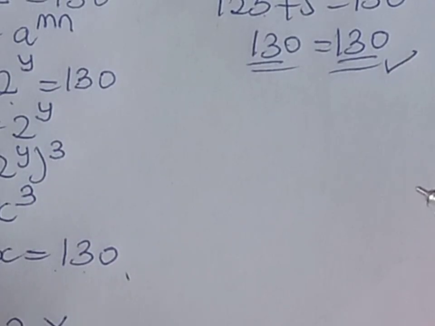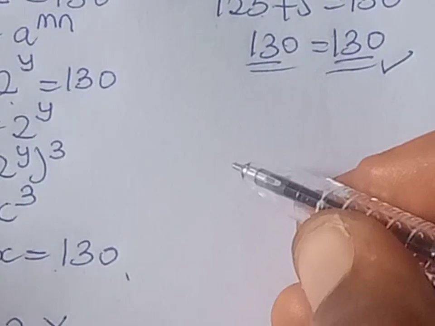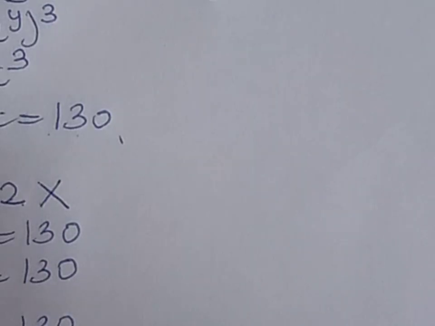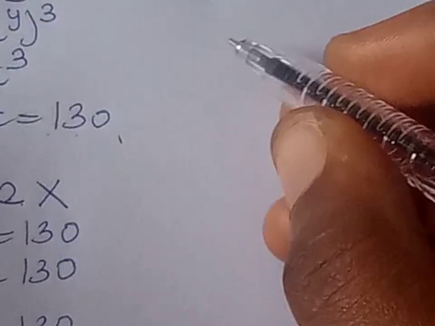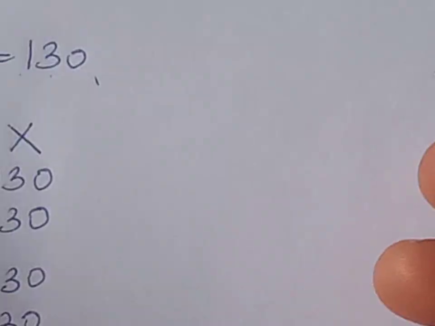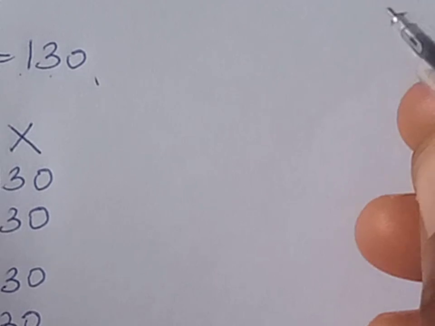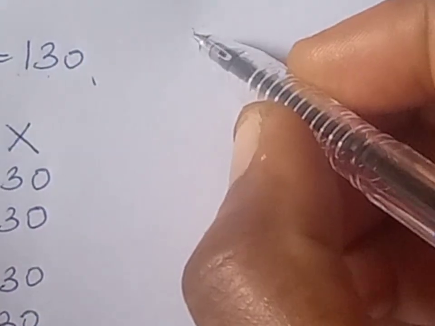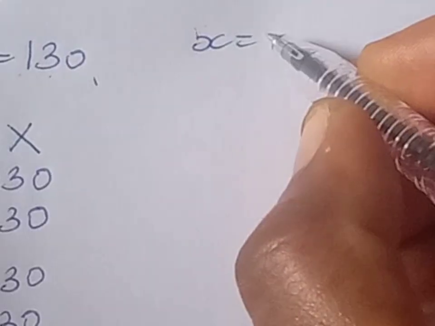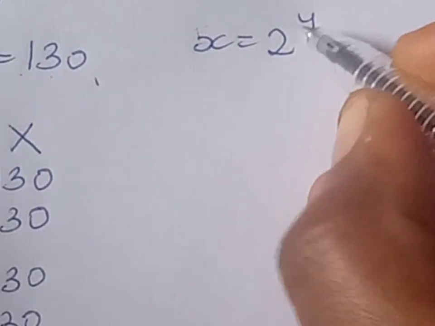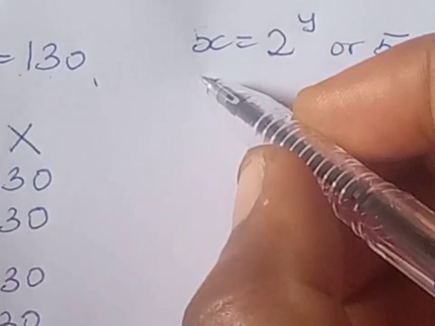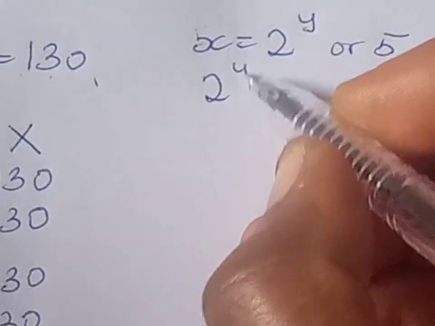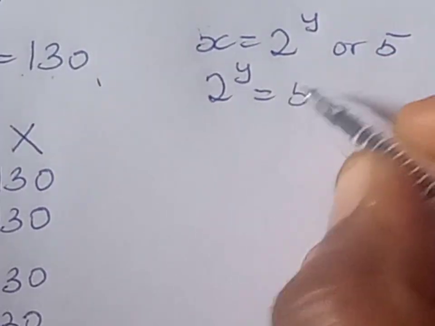Now let's return to our initial y that we first used in our equation. Remember that x equals 2 raised to the power of y, which is 5. So now we have 2 raised to the power of y equals 5.